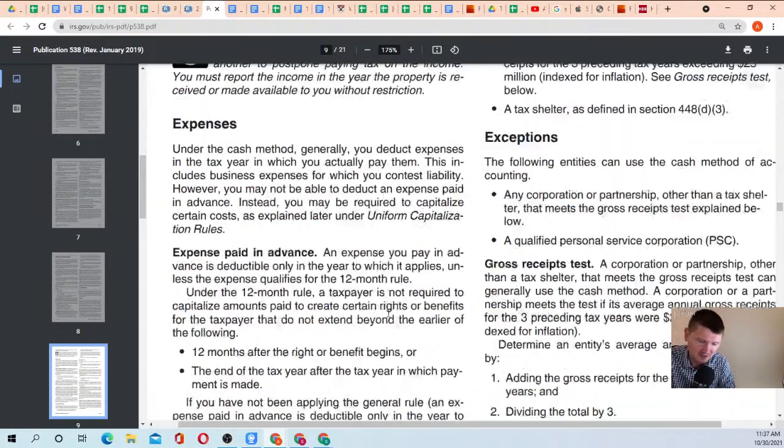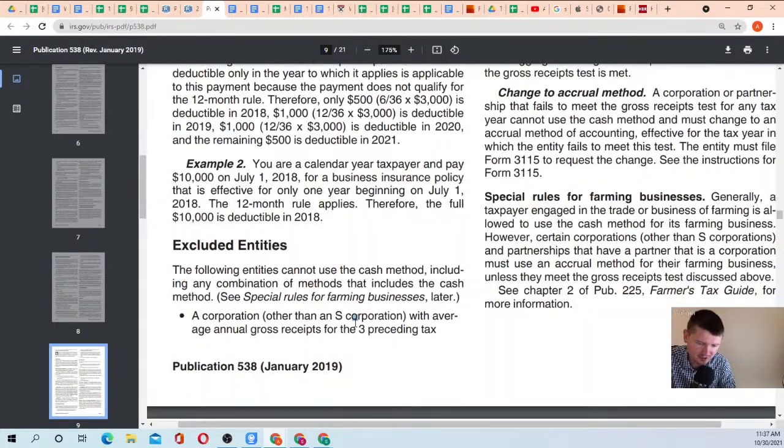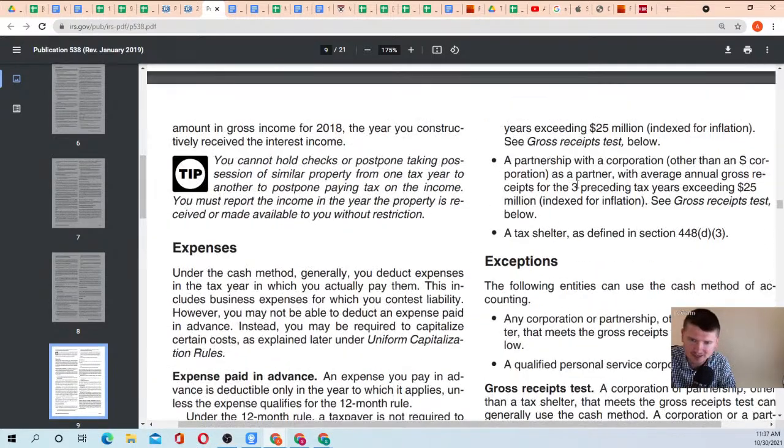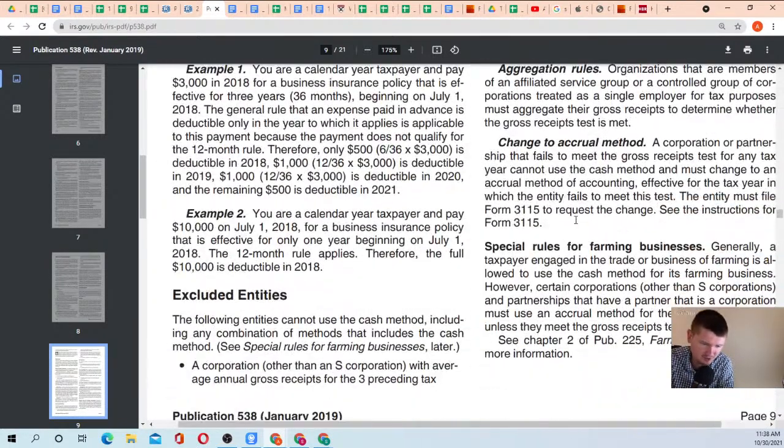Let's see. So if your company has gross receipts on average over the last 3 years of $25 million or more, you cannot use cash. You cannot use cash basis. Or if you are a tax shelter, or if you are a partnership with a corporation as a partner, and the same threshold, 3 years, $25 million.